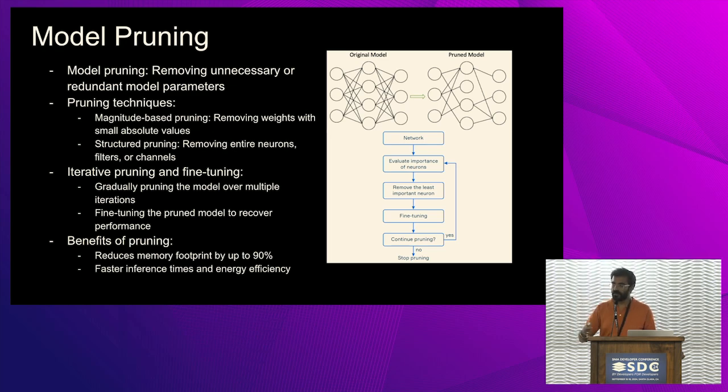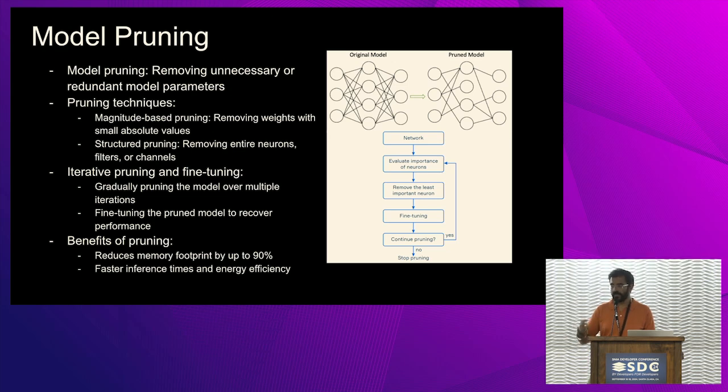That means you've completely avoided some matrix multiplications, and potentially, if your hardware supports it, you can have memory optimizations there. The goal is not just to save memory. The goal is also to save energy, and pruning falls under that second category, where it saves energy by reducing computations.